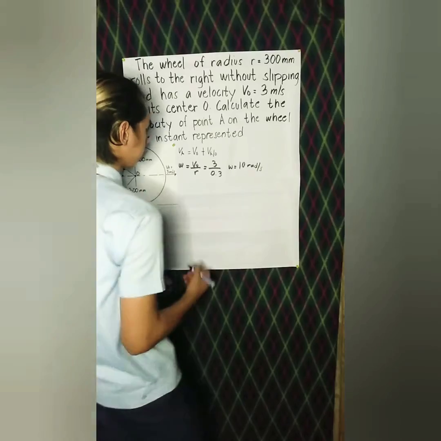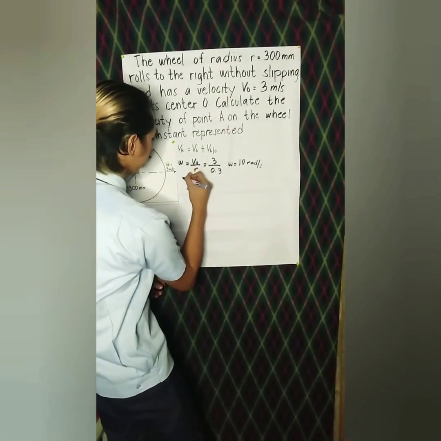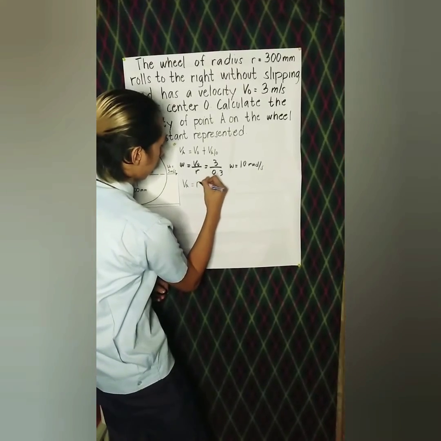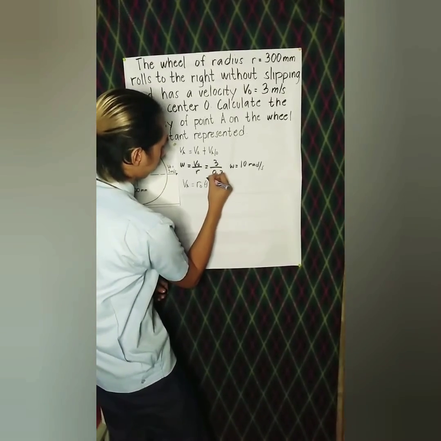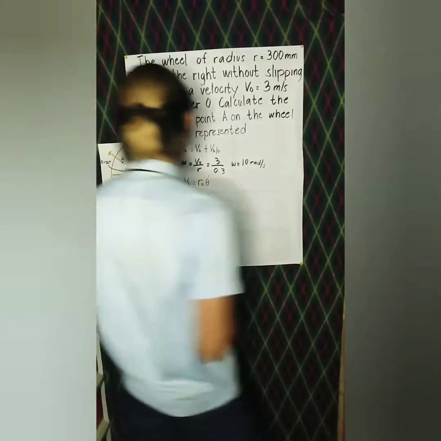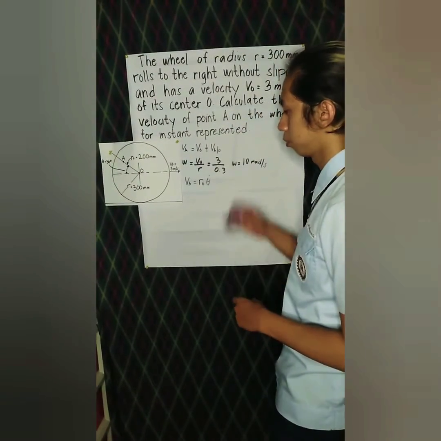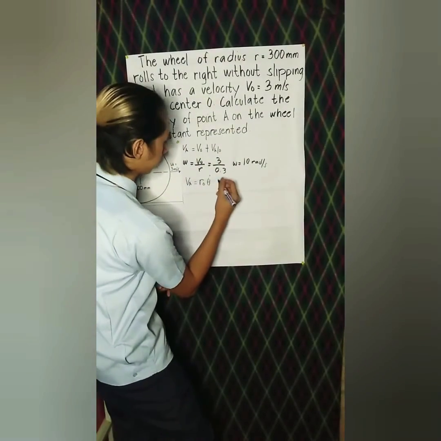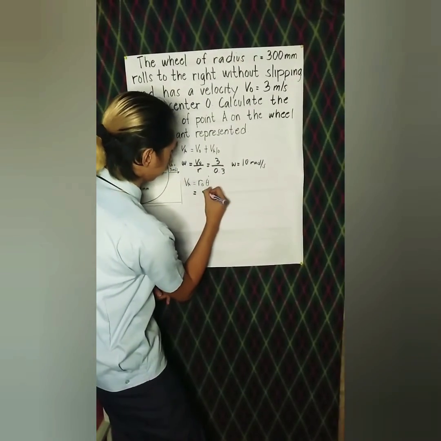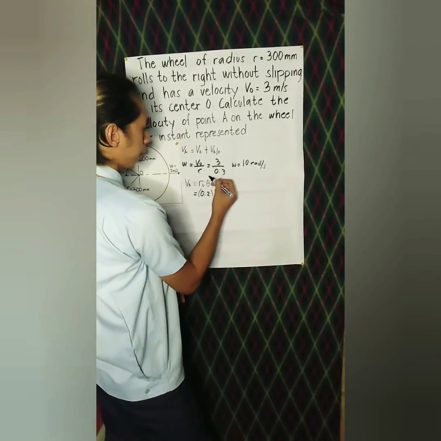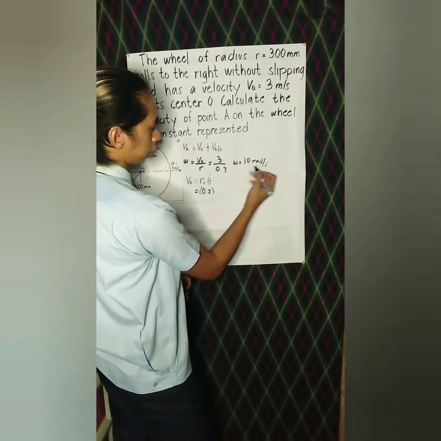Using this, VA/O equals rO times θ prime. The rO is given as 200 millimeters, so convert it to meters. Substituting the values, 0.2 multiplied by θ prime, which is 10 radians per second.